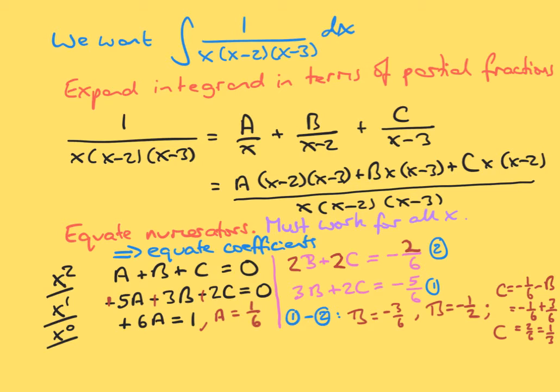So now we have the values for all three of our coefficients, a, b, and c, and we can write out our partial fraction decomposition.